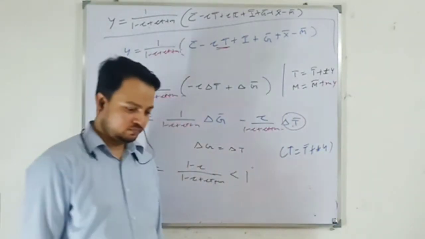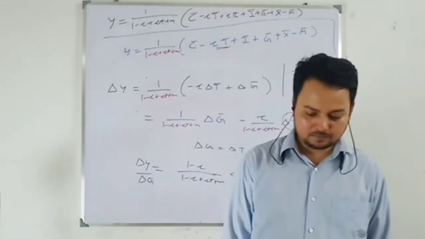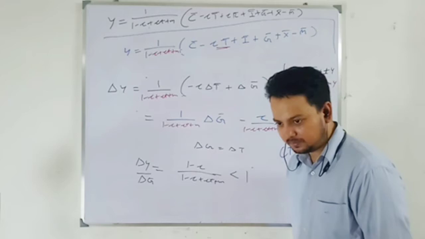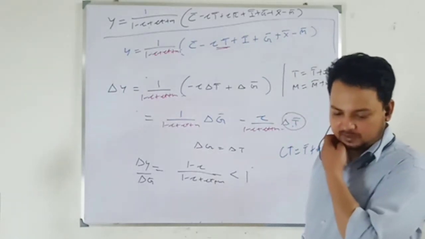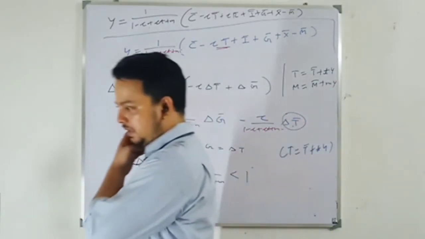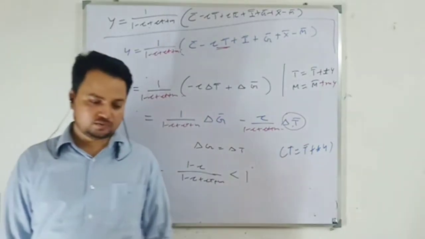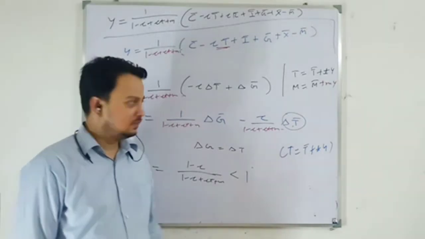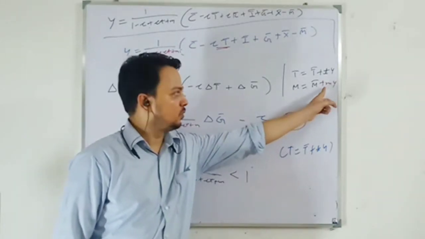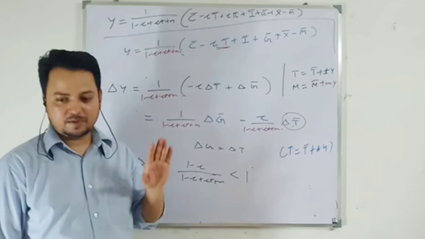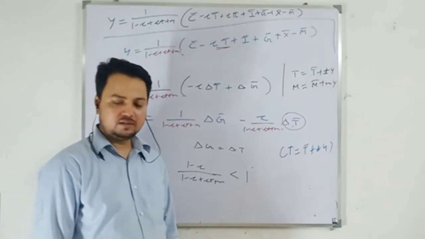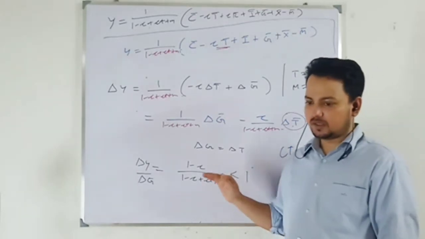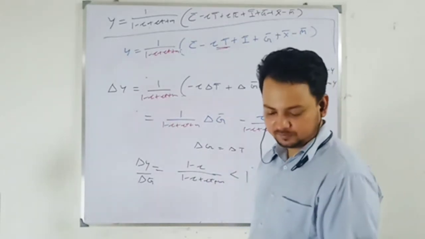Second point. If import is a function of income, then the value of BBM will further reduce. Import is a function of income, then the value of balanced budget multiplier will further reduce. It will be less than 1, but it will reduce further. Done.